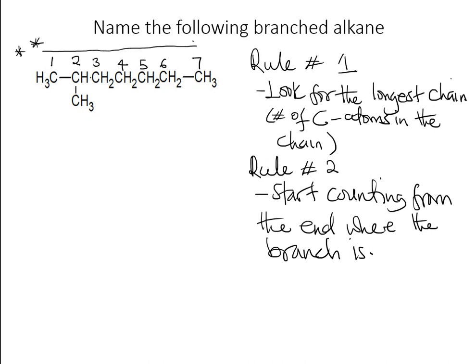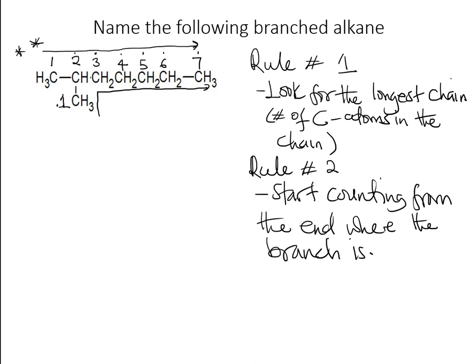So chain number 1. But there is also another chain. We can start from here: 1, 2, 3, 4, 5, 6, 7. That is chain number 2, which goes this way. So we have 2 chains here. Now, which of the 2 chains is longer?